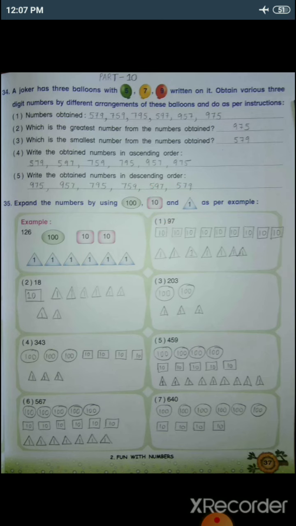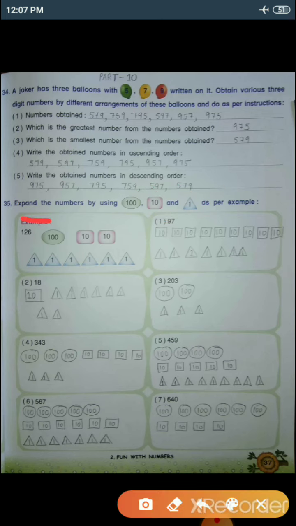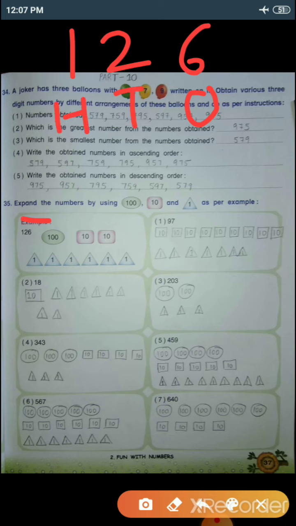First we'll take an example. The number is 126. 6 is on the 1's place, 2 is on the 10's place and 1 is on the 100's place. So the value of 1 is 100. We'll write here 100, and we need to write 100 in circular form, so we put a circle on it.